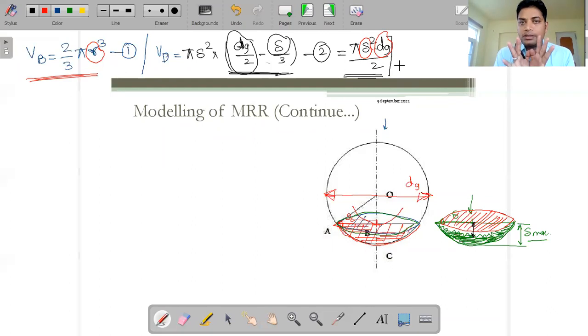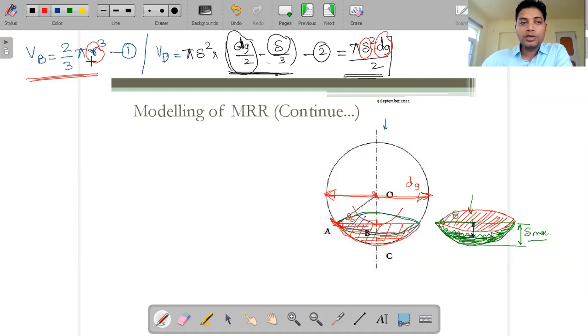But please do not confuse, this radius is different, it is not half of dg. Okay guys, dg is the diameter of the grit and the radius is this one. It's the radius of the circle formed on the basis of how much impingement there is, that semi-sphere formed. So please do not confuse.